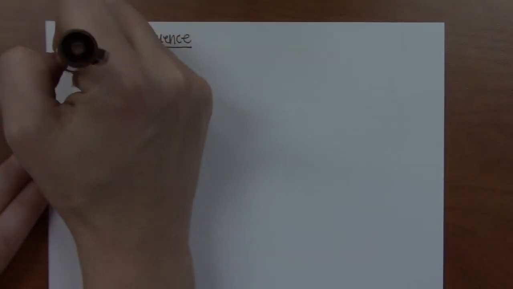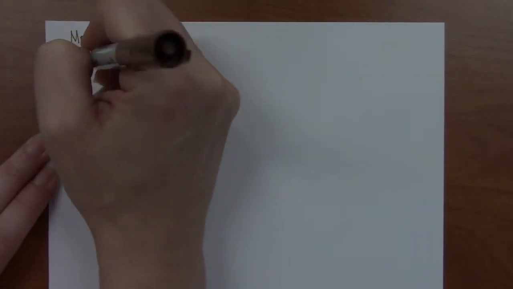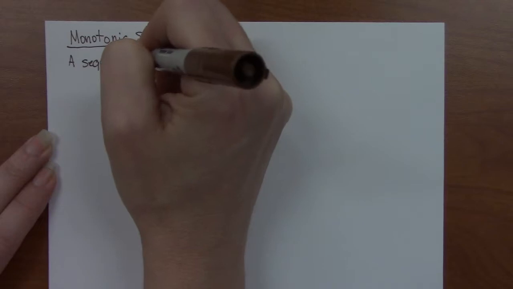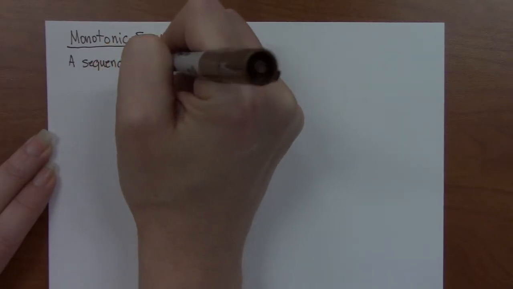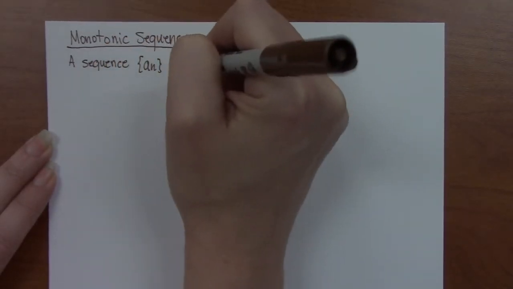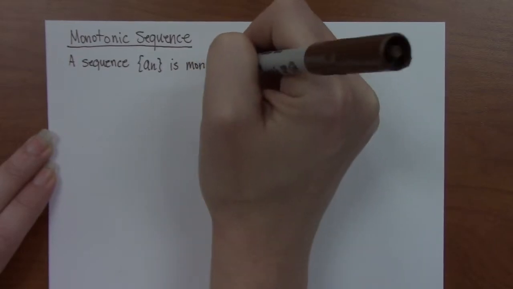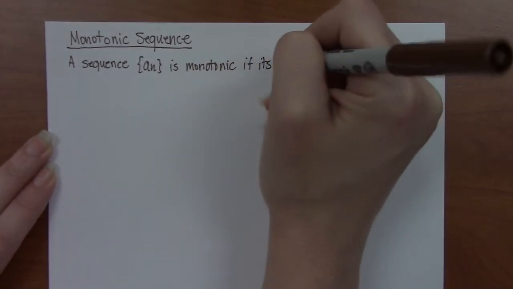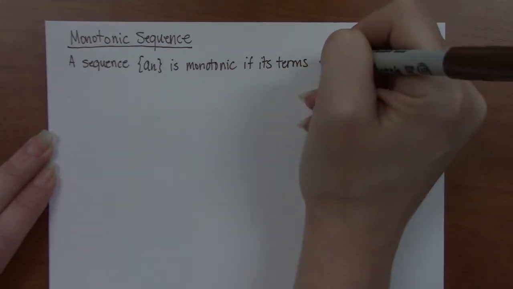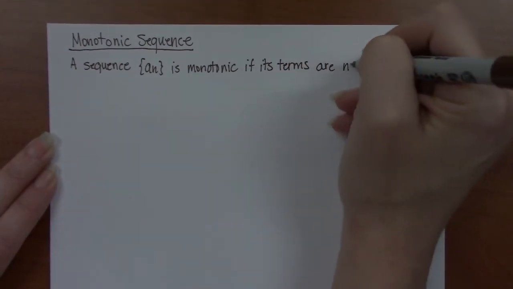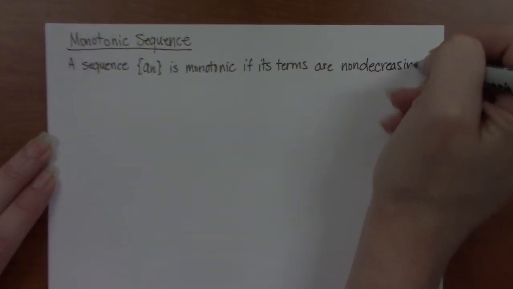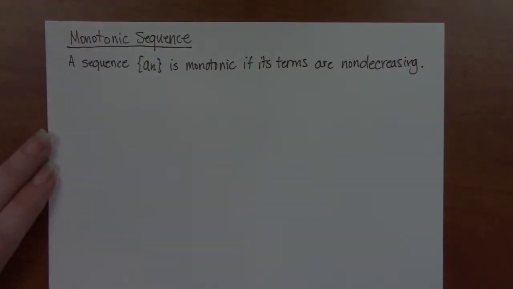So there's two possible ways we can determine something's monotonic. A sequence is monotonic if its terms are non-decreasing, which I know is a little cumbersome way of defining that.